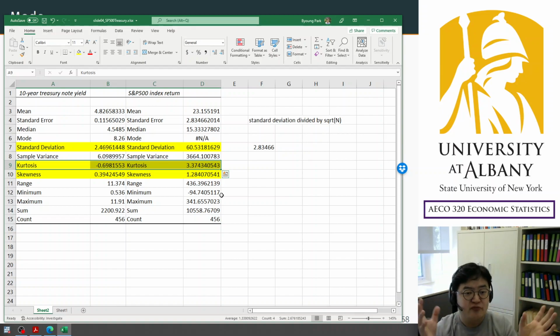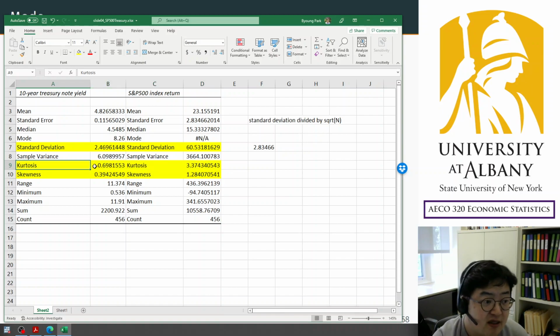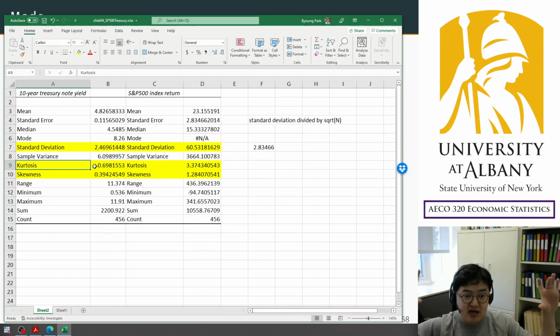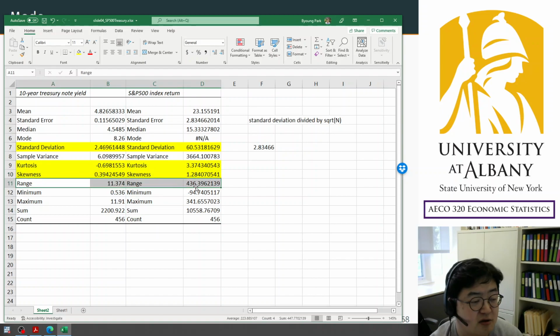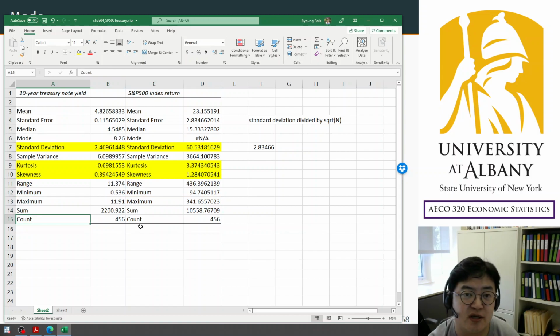If you cube the deviation, you get skewness. If you raise the deviation to the exponent of 4, you get kurtosis. This captures the thickness of the tail. But it's not commonly used, so I will skip that. And range is exactly the range we calculated. Sum is sum, count is the number of observations.